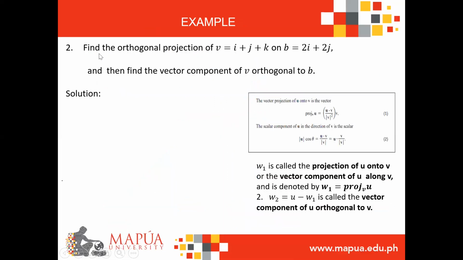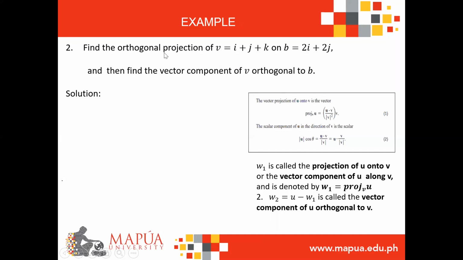So let's have this example. Find the orthogonal projection of v equals i plus j plus k on b equals 2i plus 2j. And then find the vector component of v orthogonal to b. These are the formulas that we're going to use.